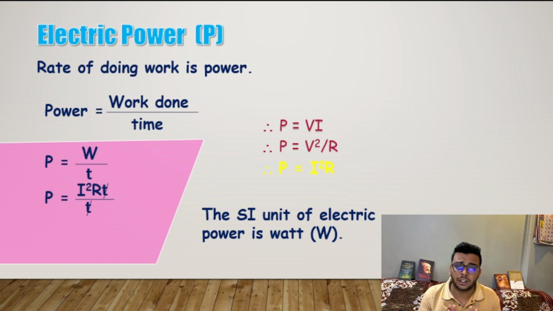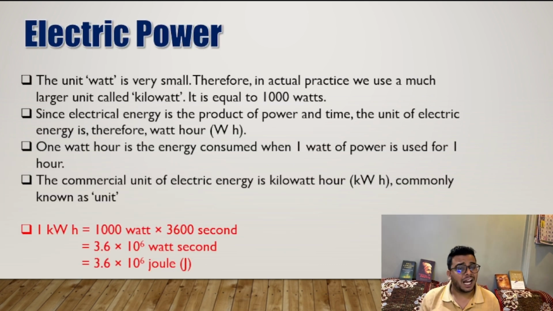So SI unit of power is nothing but watt, named after James Watt and represented by capital W. As we all know, watt is a very small unit. Therefore, the bigger unit for it will be kilowatt.